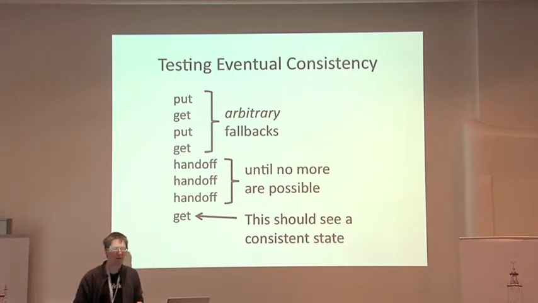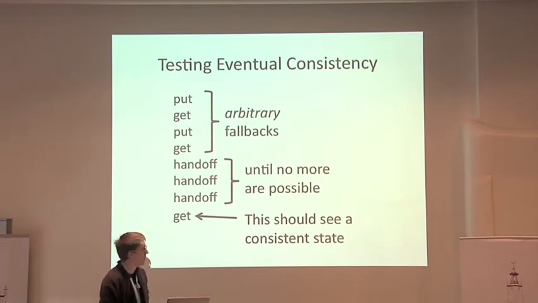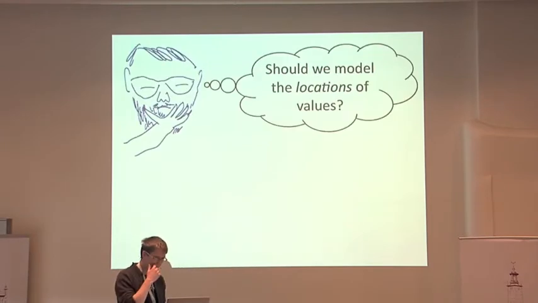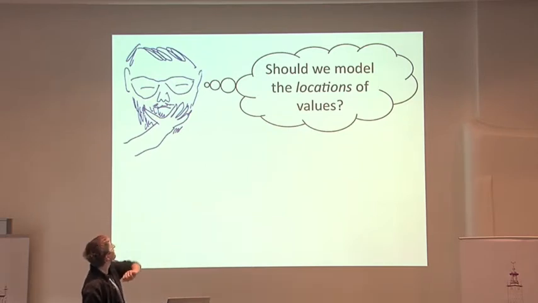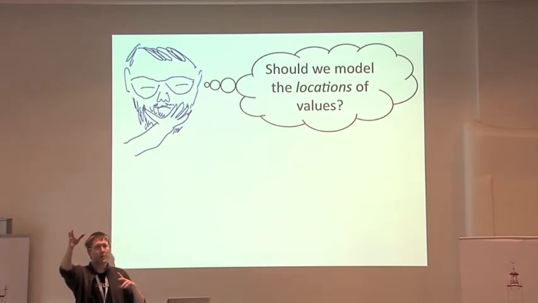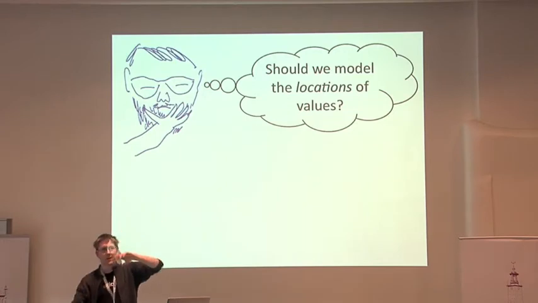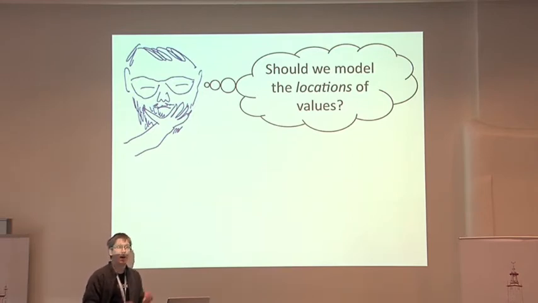But what does it mean to be a consistent state down here? So here's John thinking not quite as hard. Should we model the locations? We could keep track of every time we do a put, which nodes were up and written, and then model exactly what the handoffs are doing to keep track of what we expect to see in the database in the end.